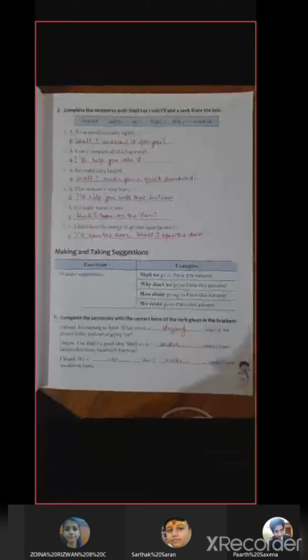Answer, staying. Number two, next. Deepti: Yes, that's a good idea. Shall we order some sandwiches from Sandwich Factory? Answer, order. Next, Fahad: We can also make some noodles at home.